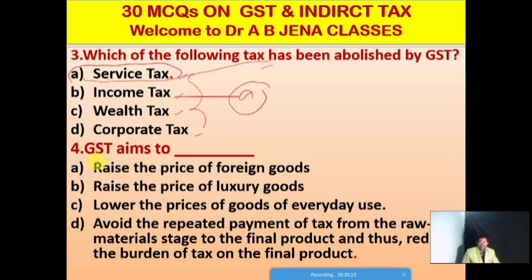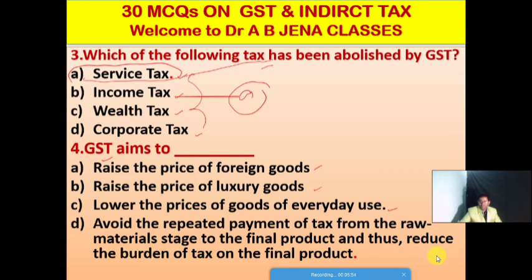Next MCQ: GST aims to, option A, raise the price of foreign goods; B, raise the price of luxury goods; C, lower the price of goods of everyday use; option D, avoid the repeated payment of tax from raw material stage to the final product, and thus reduce the burden of tax on the final products.